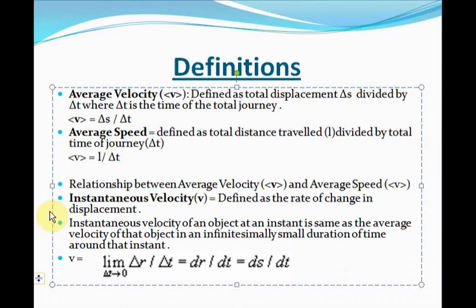Now let's define instantaneous velocity. Instantaneous velocity is defined as the rate of change of displacement. Instantaneous velocity of an object at any given instant is the same as the average velocity of that object in a very small duration of time around that instant. So let's see more of instantaneous velocity.